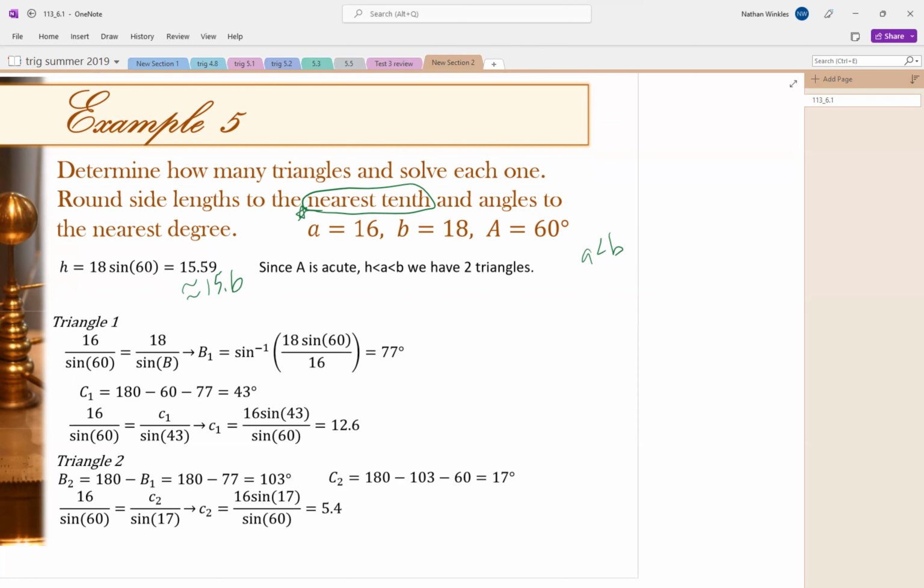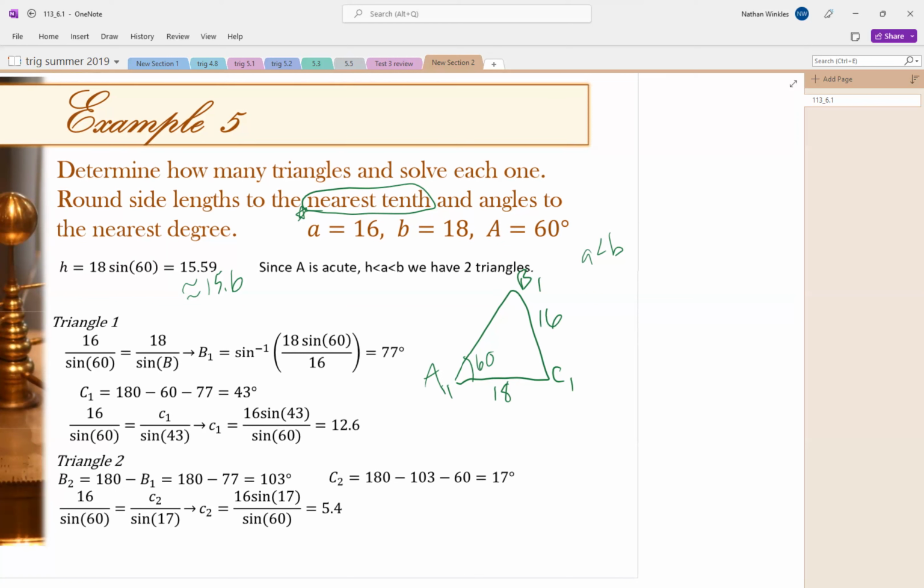In the first triangle, A1, B1, and C1, we know that side a is 16 and side b is 18. We know angle A1 is 60.